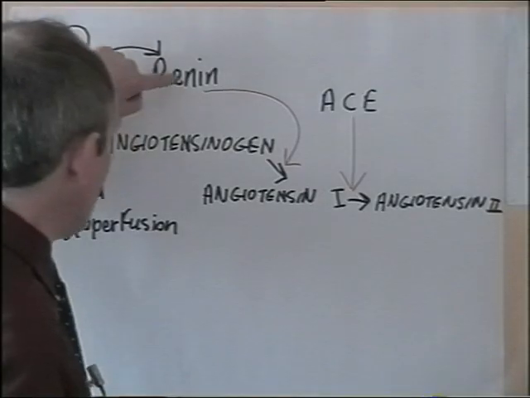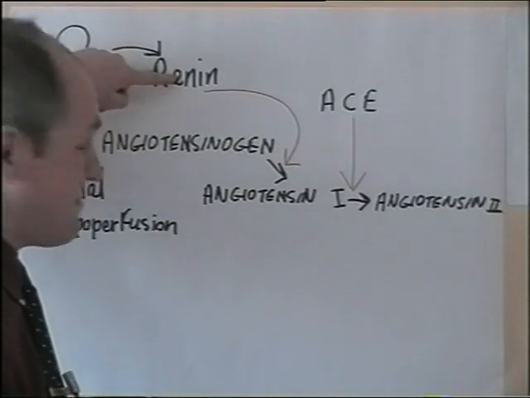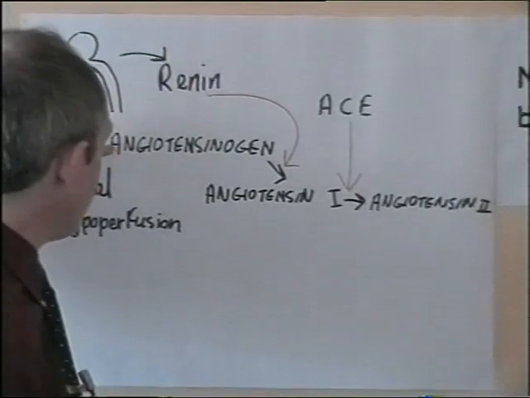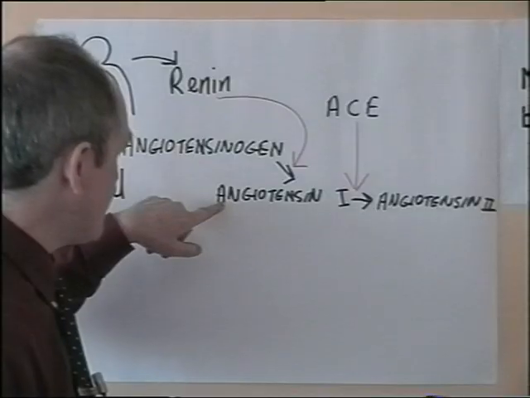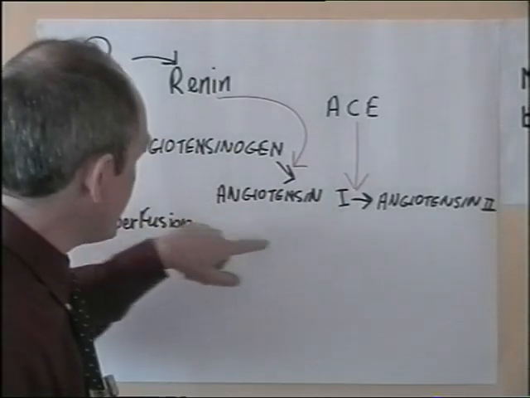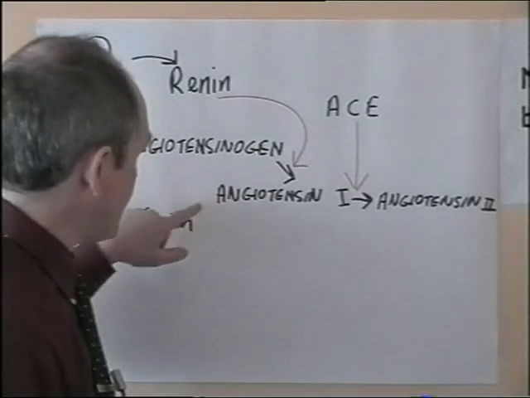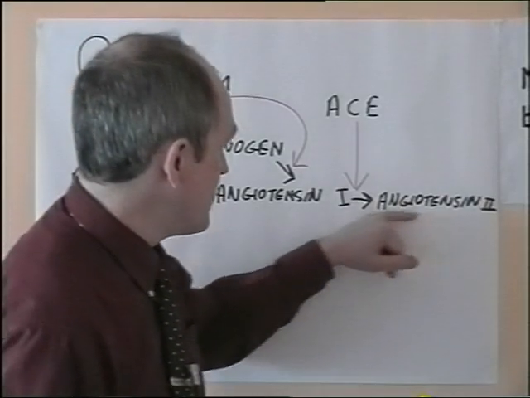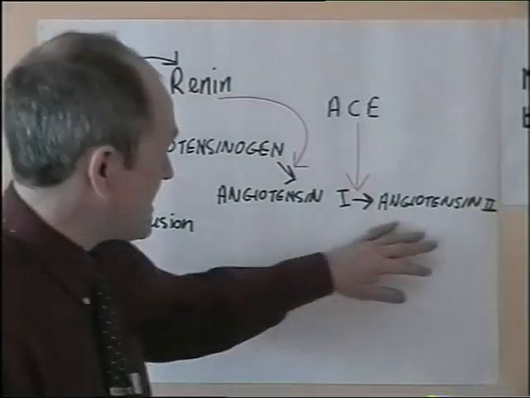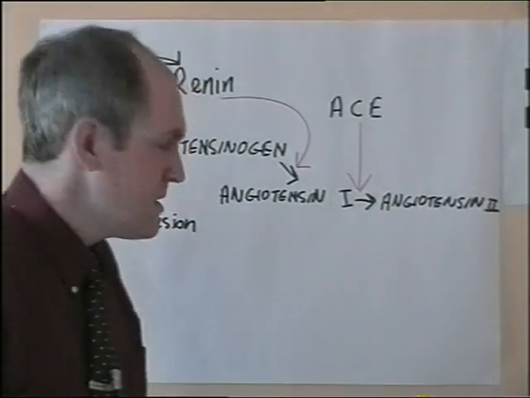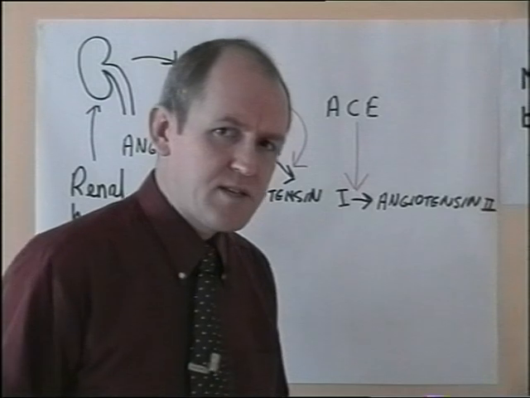The kidney responds by producing renin. Renin facilitates the conversion of inactive angiotensinogen, a plasma protein, into angiotensin type 1. Now, angiotensin type 1 is mildly active, but angiotensin type 2 is much more active. Angiotensin type 2 is actually just a smaller peptide unit that actually contains 8 amino acids.